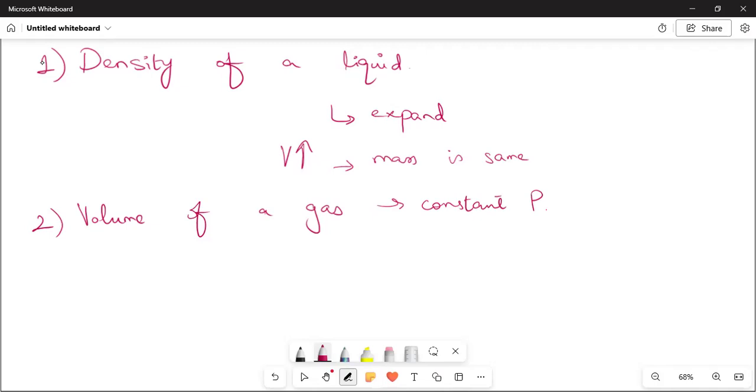All right. Third one is the electrical resistance of a metal. This is a very important property. It also changes. I think you've already studied that when electrical energy is flowing, the electrons are moving for the electricity to be transferred.